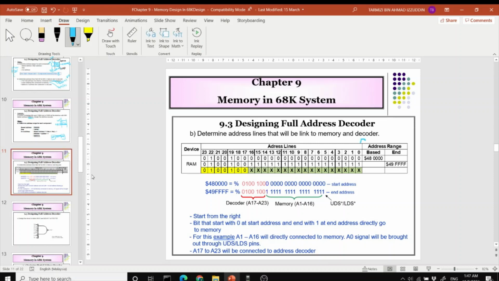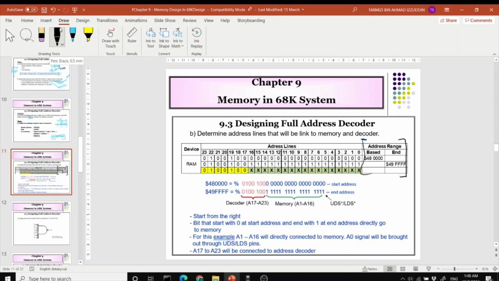You need to come up with the address range that you determined in step A. So you draw a table consisting of three columns: the leftmost column is the device, the middle column is the address line, and the last one is the address range.